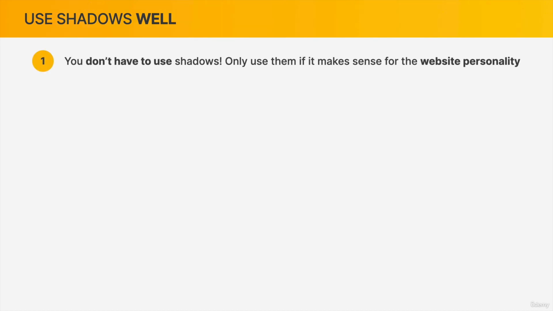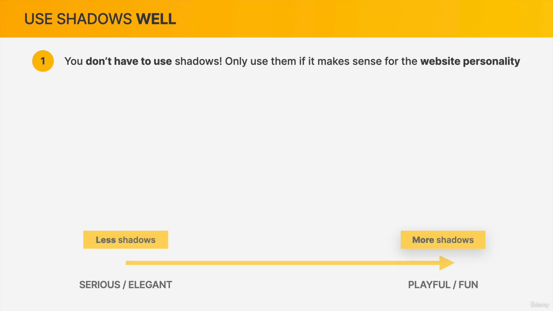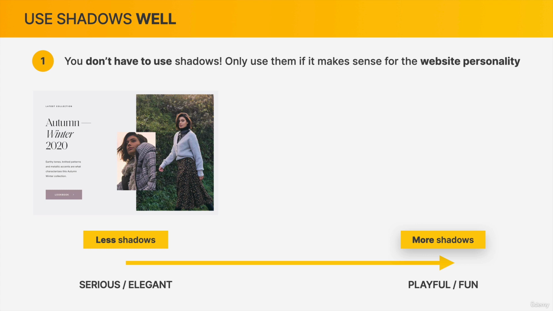And first of all, you actually don't really need to use shadows if they don't fit your website personality. And again, we will talk more about this later. But for now, what I want to show you is that, for example, in a serious design like this one here, we use a lot less shadows and many times no shadows at all, which is exactly what is happening right here.